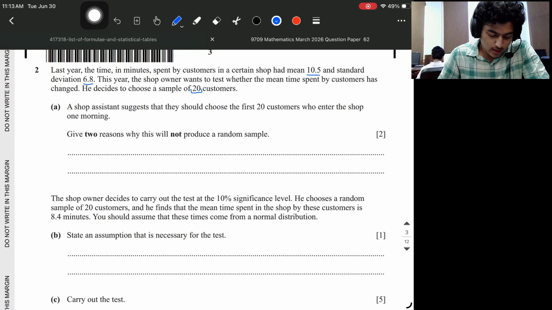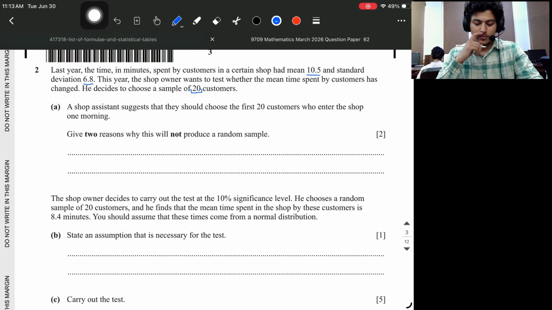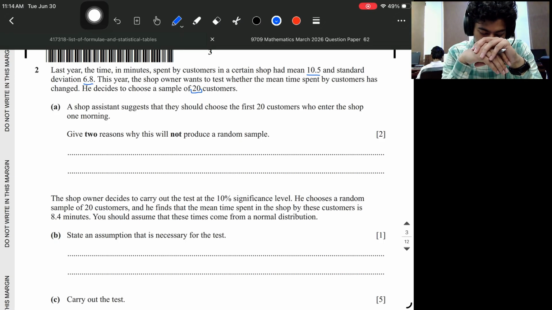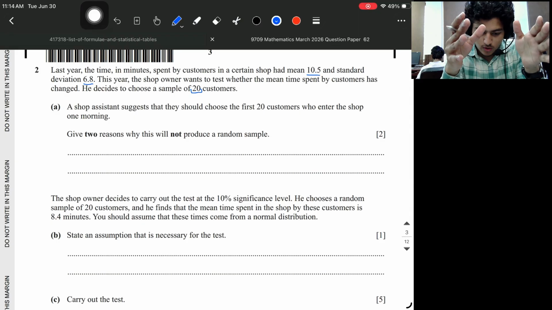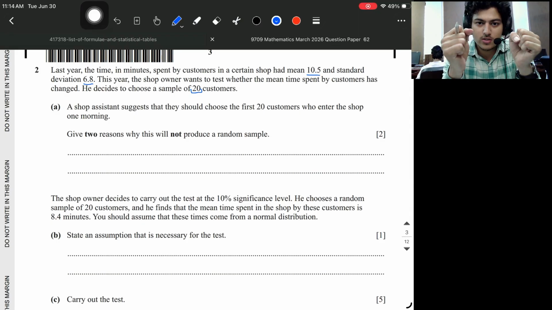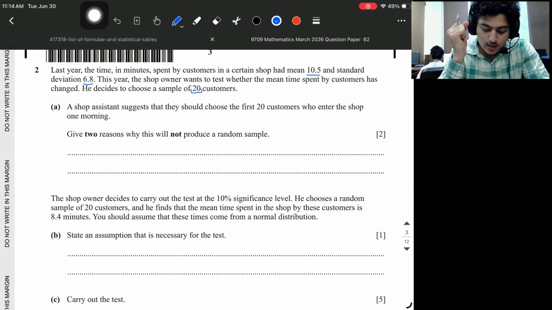A shop assistant suggests that they should choose the first 20 customers who enter the shop one morning. They're asking us to give 2 reasons why this will not produce a random sample. In your mind, think of this as standing in the shop and choosing the first 20 customers that walk in. Imagine it's early morning.